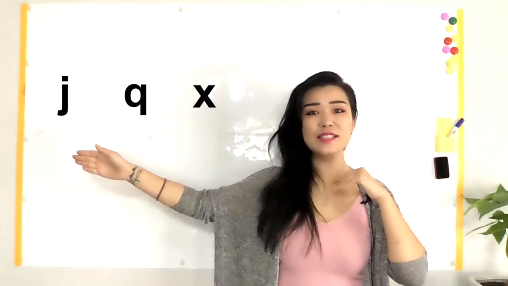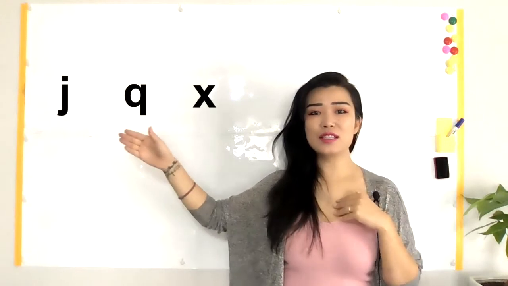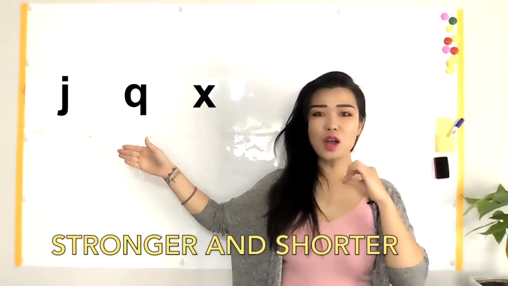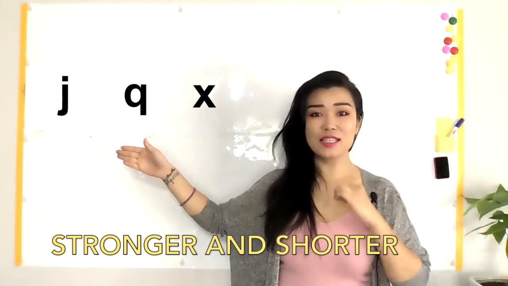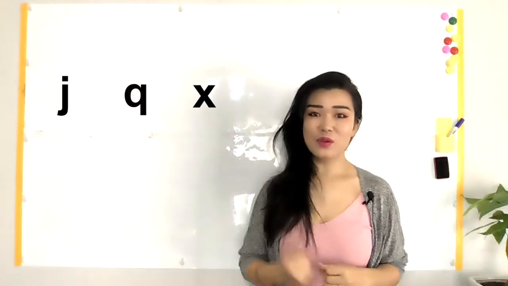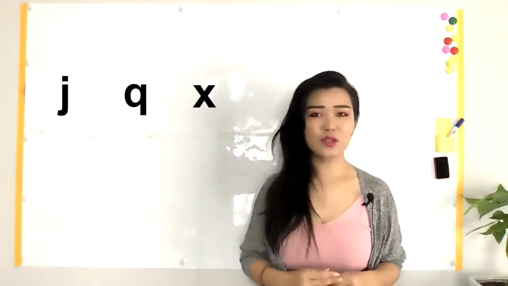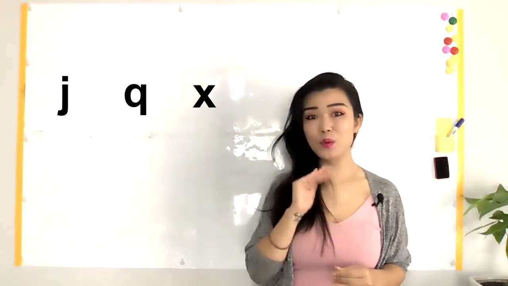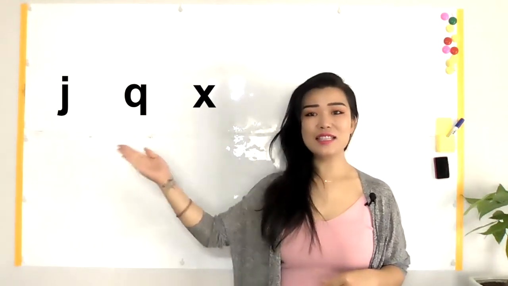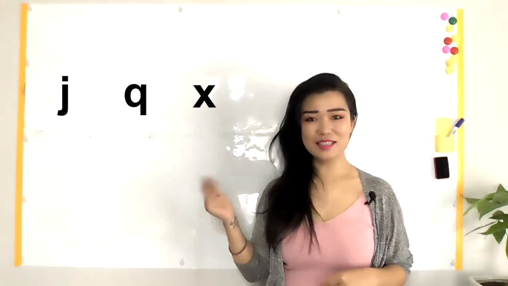And when pronouncing q, the air flows stronger and shorter. And for x, use your tongue to almost touch your surface and then don't move your tongue and let the air flow. Ji, qi, xi, right?